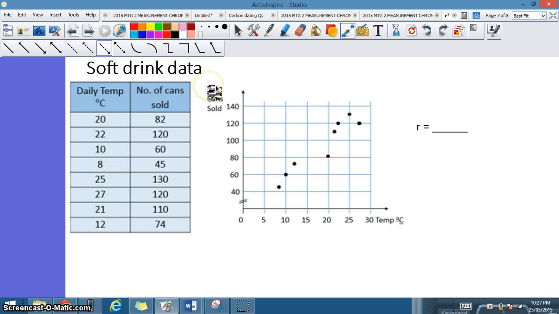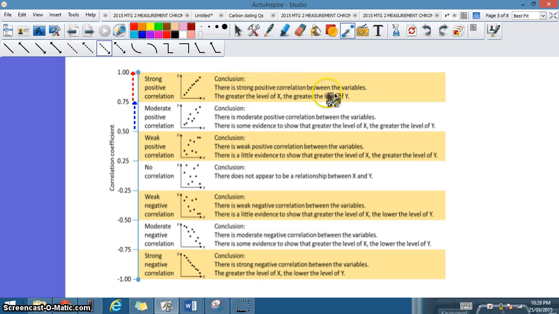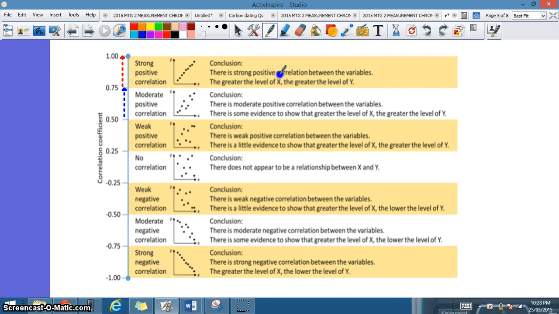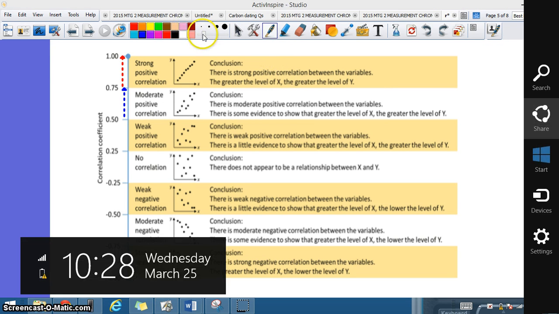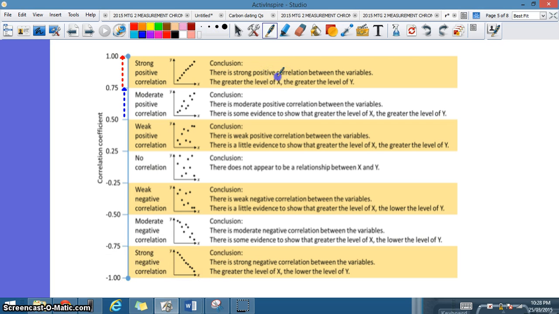Okay, now we're going to have a go at obtaining the R value using the ClassPad, and we're going to interpret that R value. When we interpret the R value, we use these sentences here, but instead of X and Y, we need to put the variables in question here.